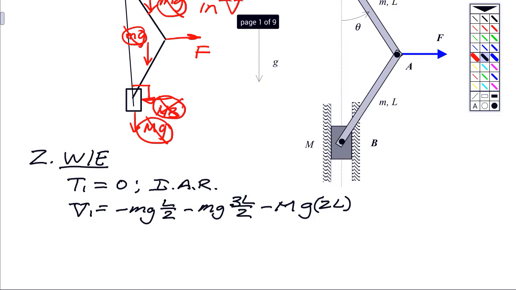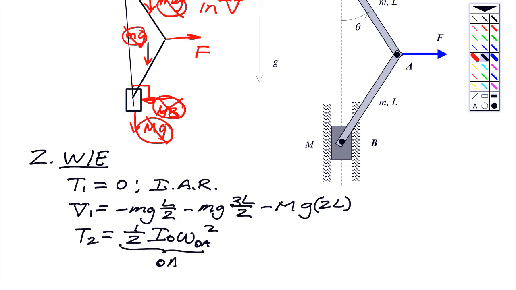Kinetic energy, T2. For link OA, we have a fixed point, so I'm going to take advantage of that and say 1/2 I_O omega_OA squared.